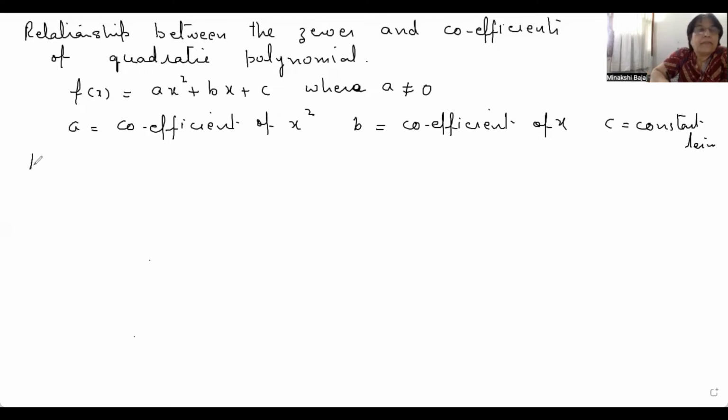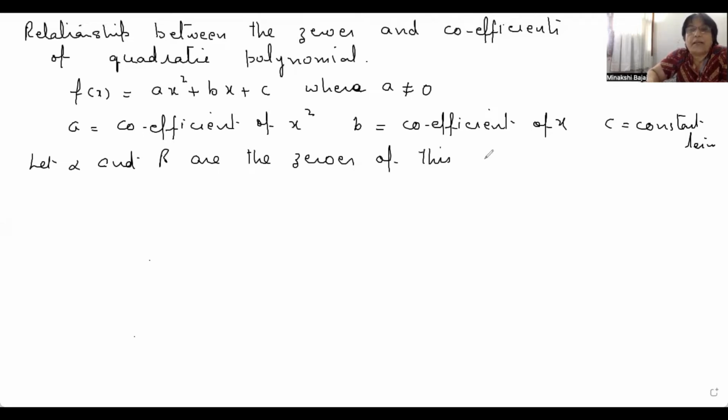And now this is a quadratic polynomial, a polynomial of degree 2. It has at most 2 zeros. So let alpha and beta be the zeros of this quadratic polynomial.